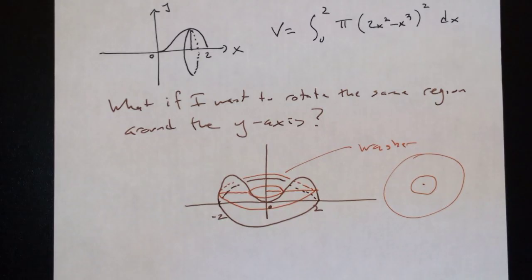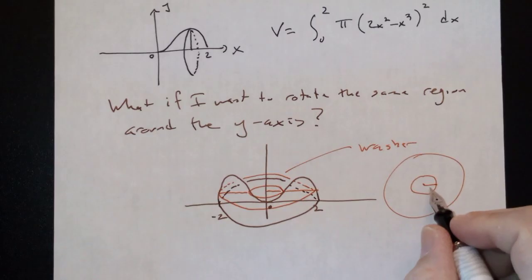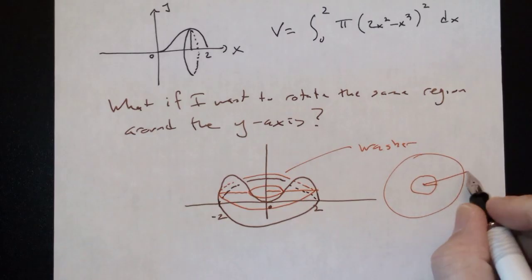So the y-axis is the center of our circle. I've got the inner circle that is not part of the volume, and I've got the outer circle, which means I need an inner radius and an outer radius. I need R in and I need R out.